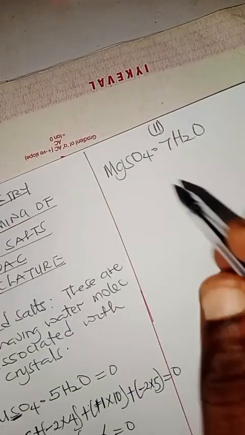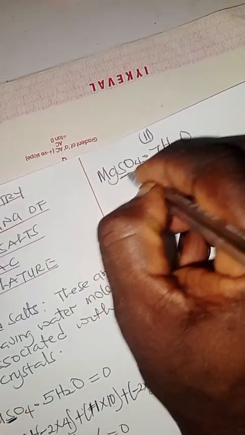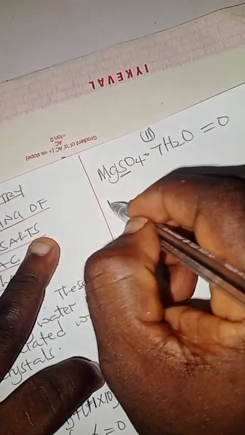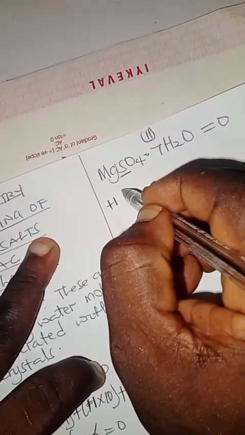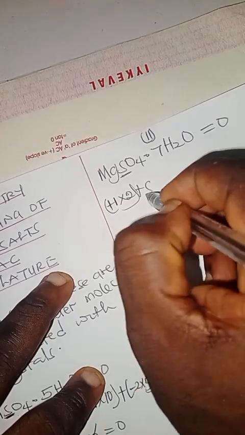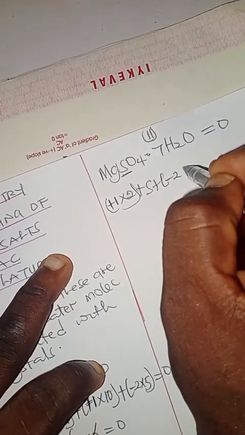You can quickly do this. Identify the middle atom. Sum everything to 0. Then what do you have? Magnesium. How many magnesium? 1. That's plus 1, multiply by 2. The oxidation number is 2. Plus your S, the middle atom. Oxygen, how many? 4.